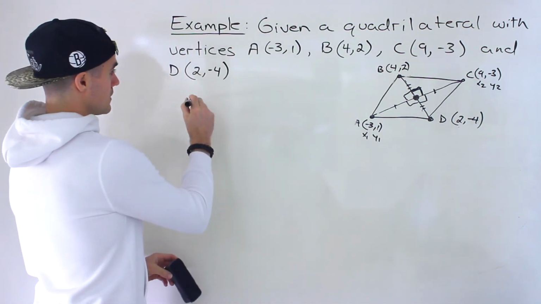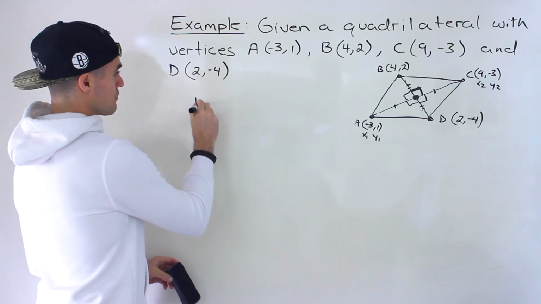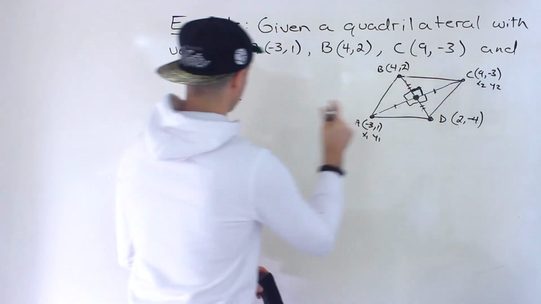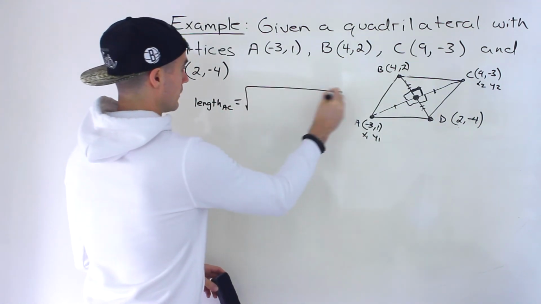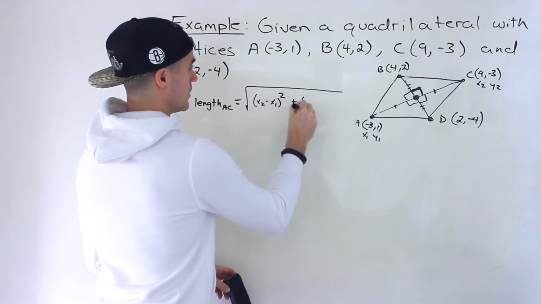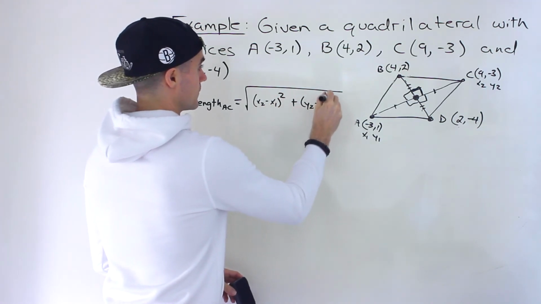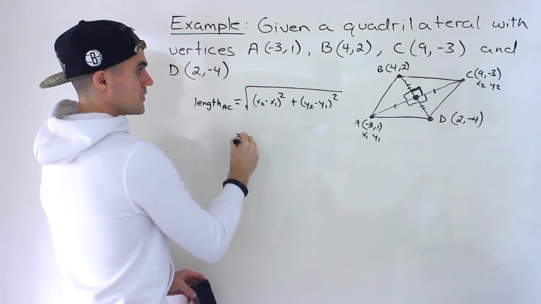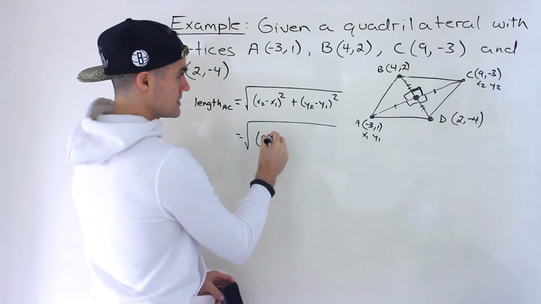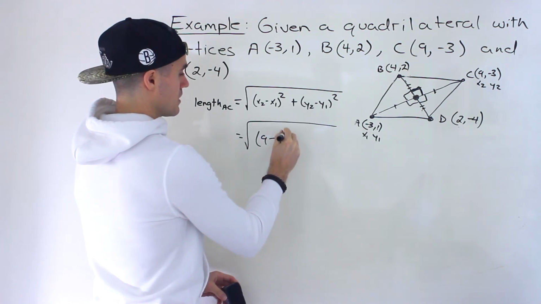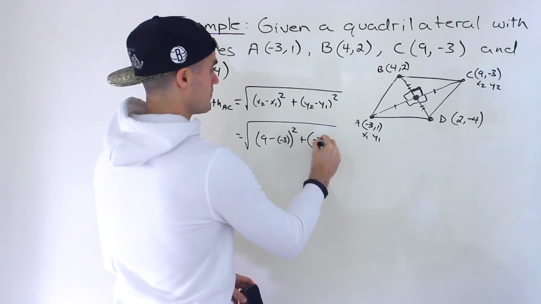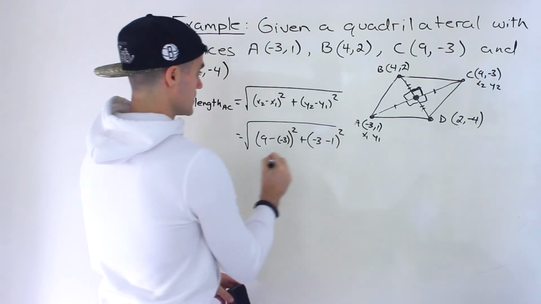is first find the length of AC, of this diagonal here. And remember the length formula, x2 minus x1 squared plus y2 minus y1 squared. Okay, so we already have it labeled, so we'll have x2, which is 9, minus x1, which is negative 3, that's going to be squared, plus y2, which is negative 3, minus y1, which is 1, that's going to be squared.